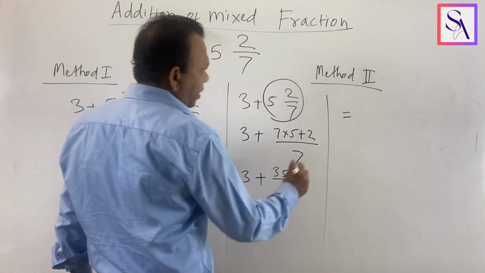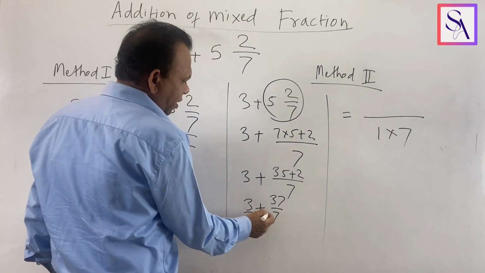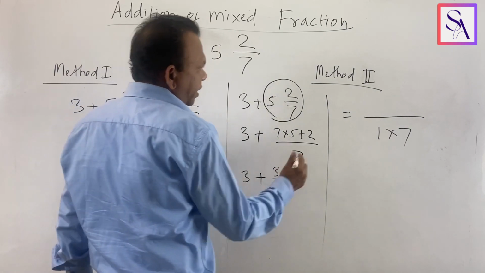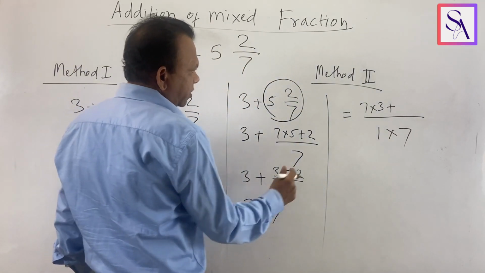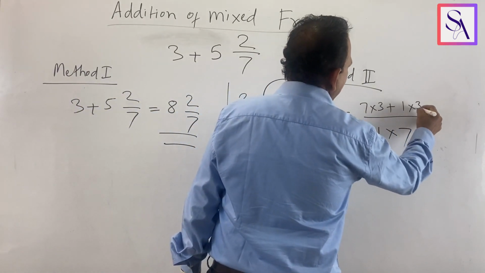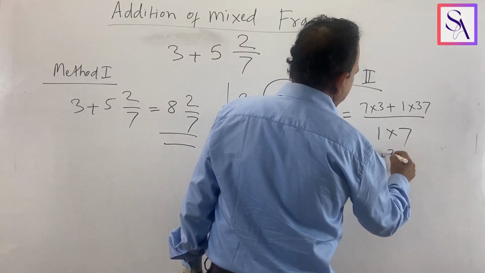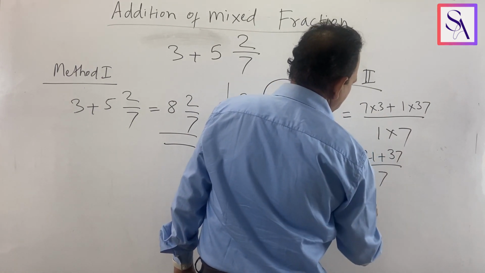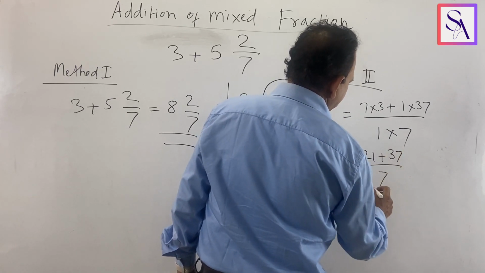So 7 into 1, 1 into 7, cross multiplication: 7 into 3 plus 1 into 37. 7 3s are 21 plus 37 divided by 7. So it will be 38, 48, 58 by 7.